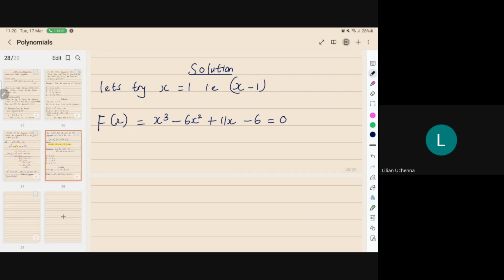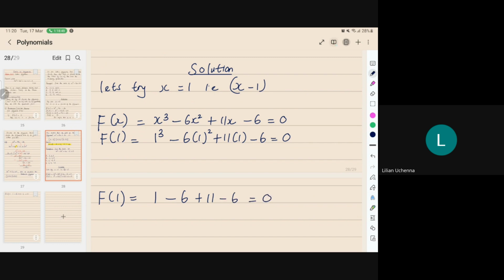So I have f of 1 will be equal to 1 cubed minus 6 times 1 squared plus 11 times 1 minus 6 is equal to 0. All right, so that's f of 1. 1 cubed is equal to 1, minus 6, plus 11, minus 6 is equal to 0.